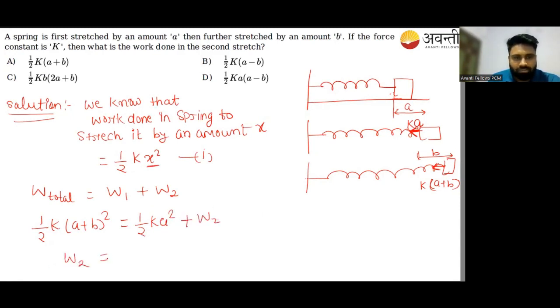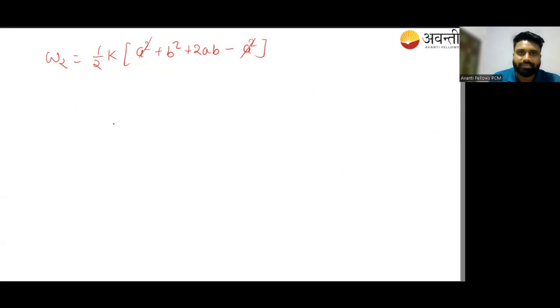So W2 is equal to 1 by 2 times K, taking common, A plus B whole square minus A square. So W2 here is 1 by 2 times K into A square plus B square plus 2AB minus A square. A square and A square cancel out.